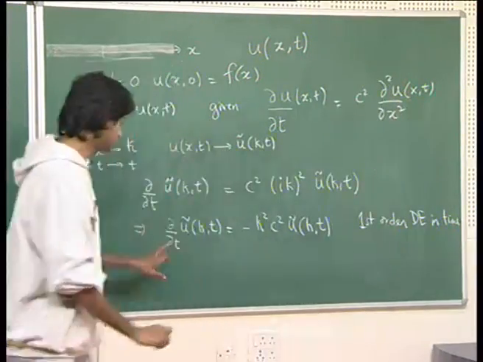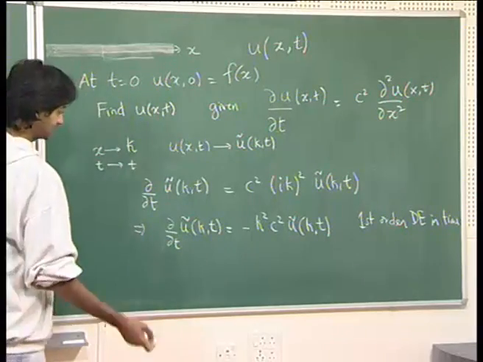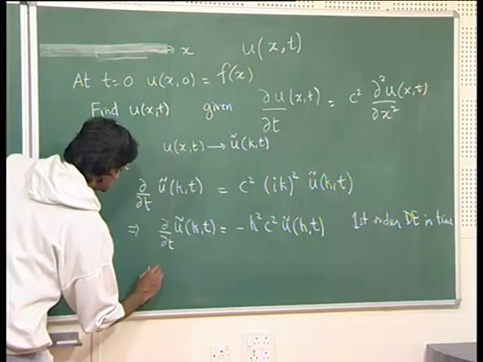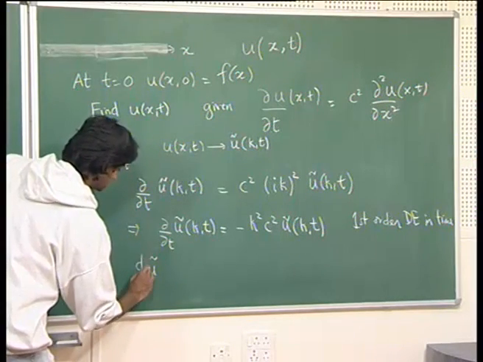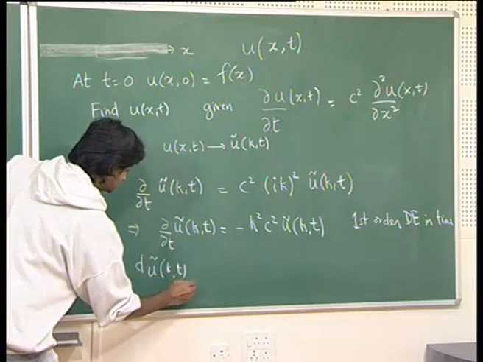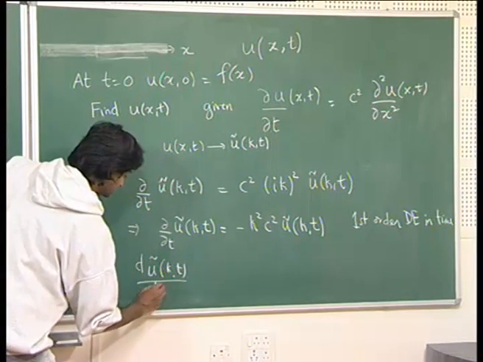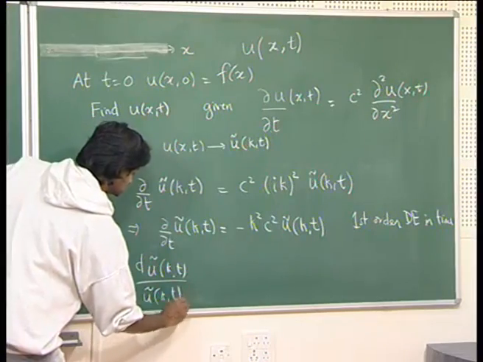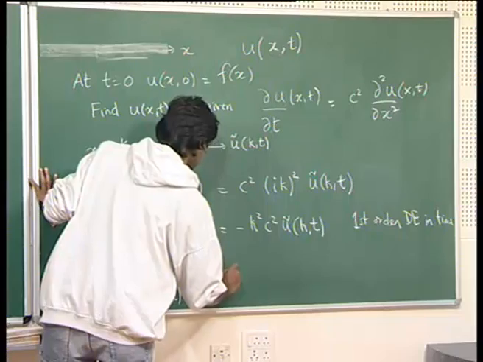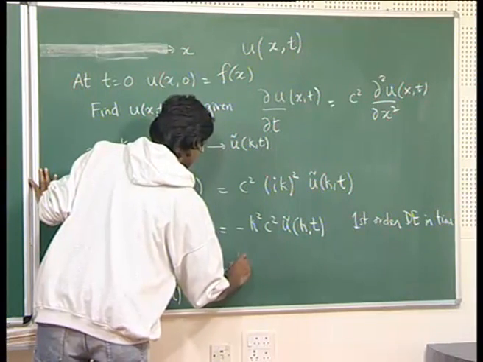Okay. So, I can just integrate it out. If I integrate it out, I will get u. Let us do it explicitly: d u tilde of k, t by u tilde of k, t is equal to minus k square c square t dt.